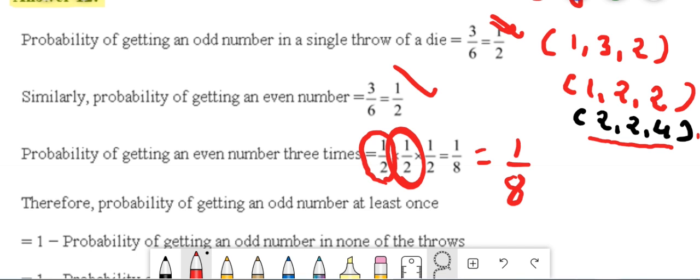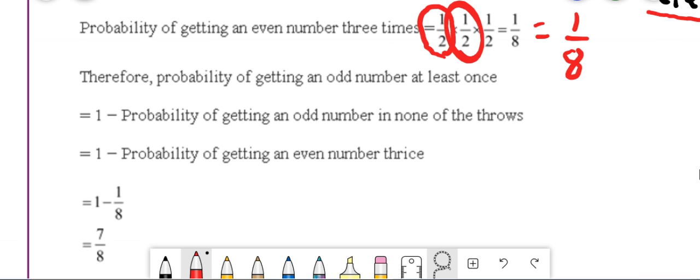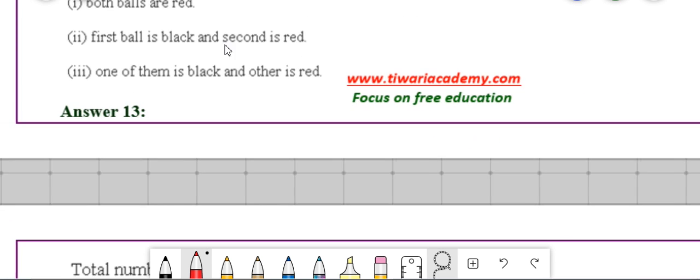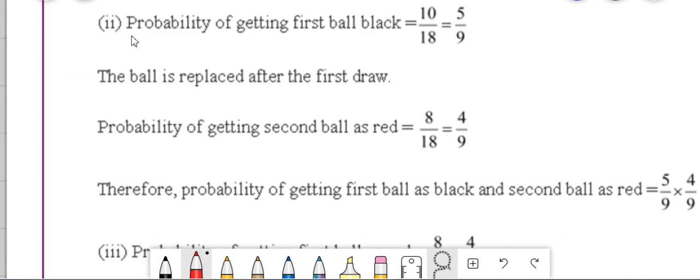So if you want to find out the probability of an odd number, then 1 minus the probability of getting a non-odd number, that is an even number. So 1 minus 1 upon 8, that is 7 upon 8. Otherwise the sum is very long, so I am using this shortcut. Question number 14 now we are discussing. Next question.